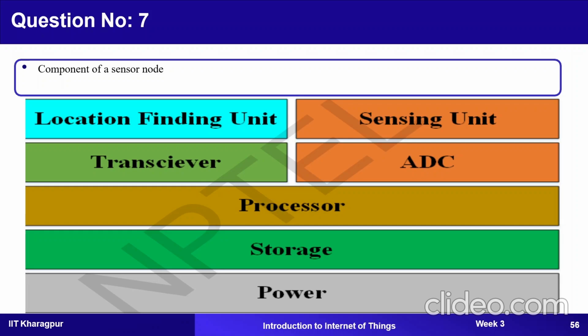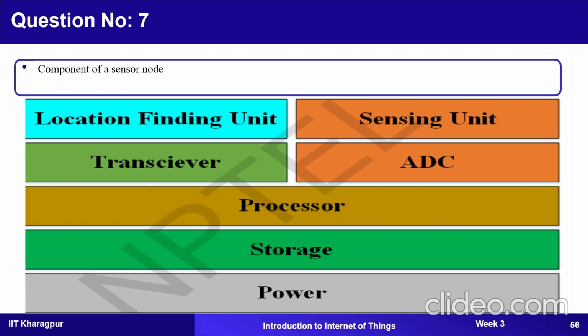Fourth is the ADC, the analog to digital converter, as whenever the sensor sends data, it needs to convert it to a digital signal before transmitting. So the ADC is also a necessary component.